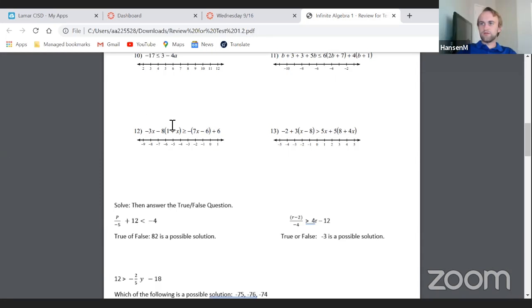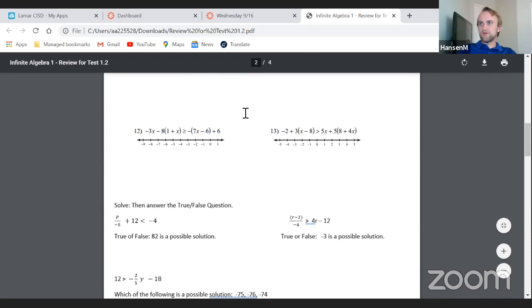All right, I got these written down. The handwriting is a little bit questionable, but I think we can decipher it as we go back through here. Let me share my screen again.